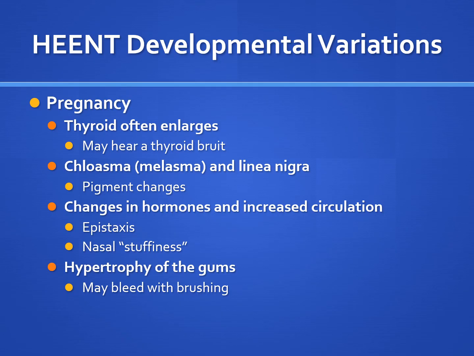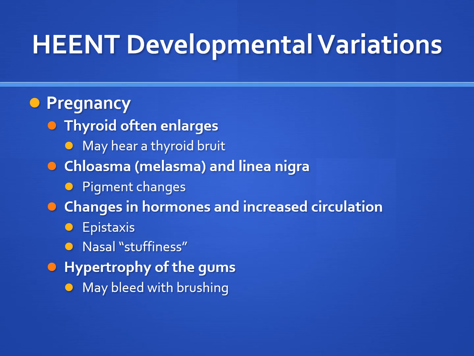Often the thyroid is enlarged slightly during pregnancy because there is increased metabolic demand or hormone stimulation. So you may even hear a thyroid bruit due to that increased blood flow. So we might see mild enlargement, and this is totally normal for someone who is pregnant.